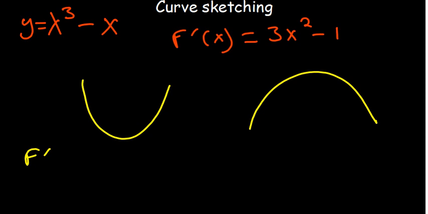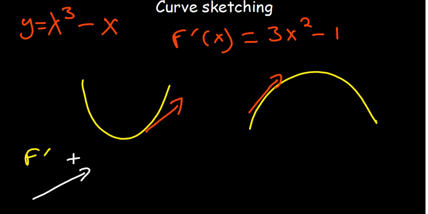So the way it basically works is this. Whenever the first derivative is positive, it tells you the function is increasing. Increasing from left to right is going up like that. If you look at the two parabolas, which parts can you identify as increasing? This is increasing, and this is also increasing from left to right.